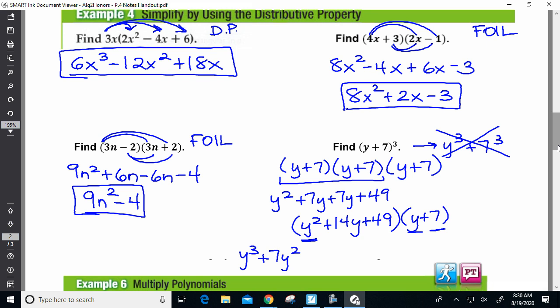So I'll do it in different colors just to highlight the parts. 14y times y, 14y squared. 14y times 7 is 98y. 49 times y, 49y. 49 times 7, 343.